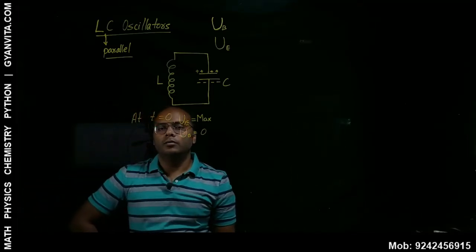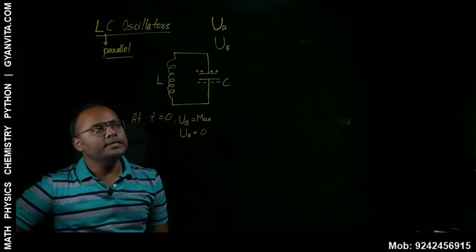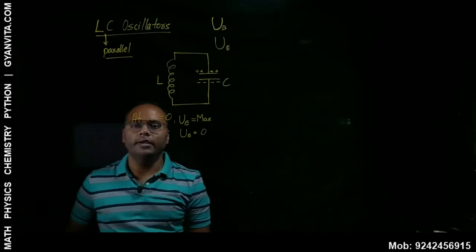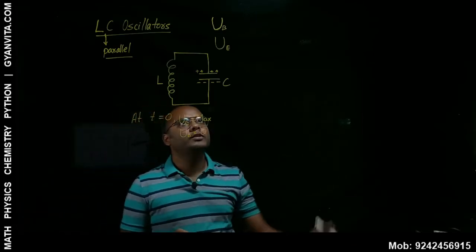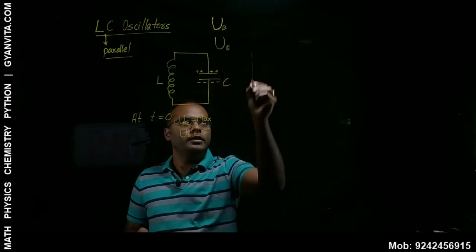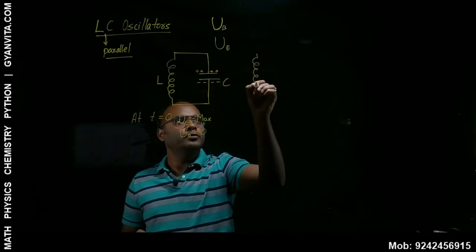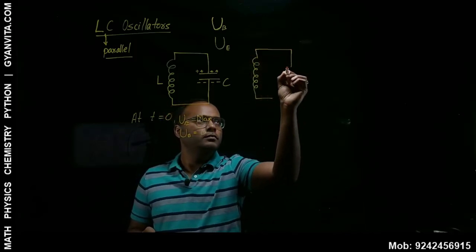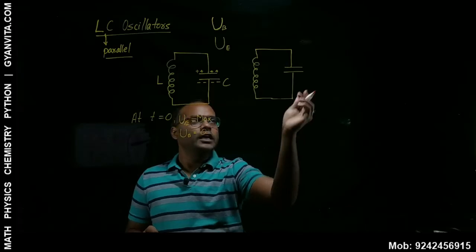Now, what happens is that after some time, this capacitor starts getting discharged, right? So there will be a discharge in the capacitor, and due to that discharge, that means what? Charge will flow. So when charge starts flowing, that means there will be a current through this inductor, and charge will flow at some rate.